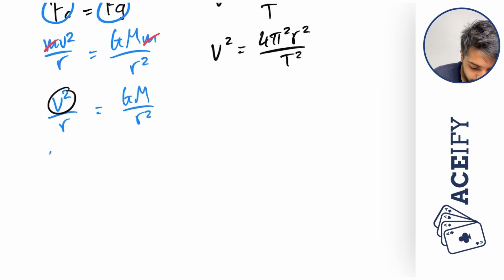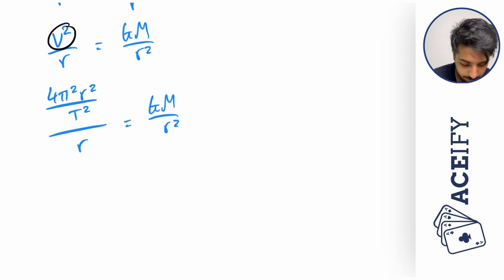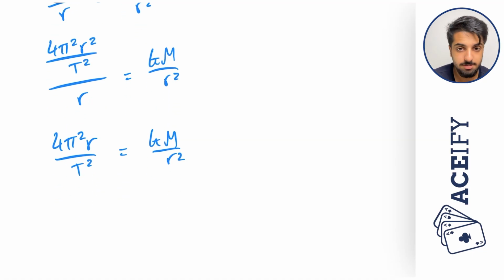We see that 4 pi squared r squared all over T squared, divided by r, is equal to GM all over r squared. Now simplifying this down, we get 4 pi squared r all over T squared is equal to GM over r squared. Almost forgot that.